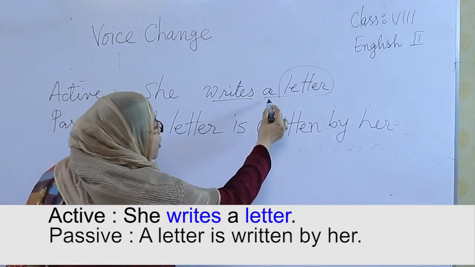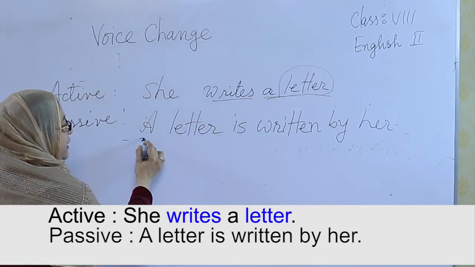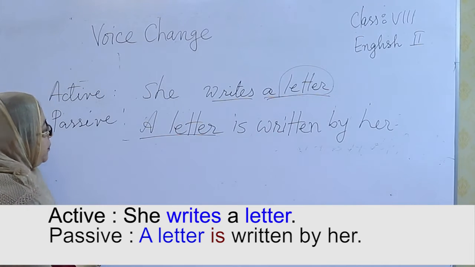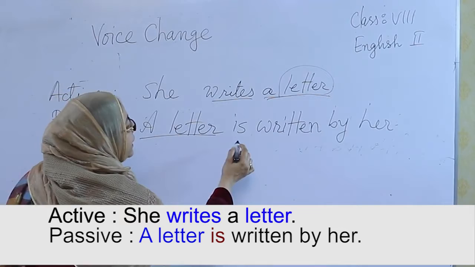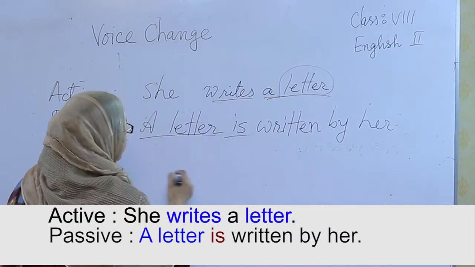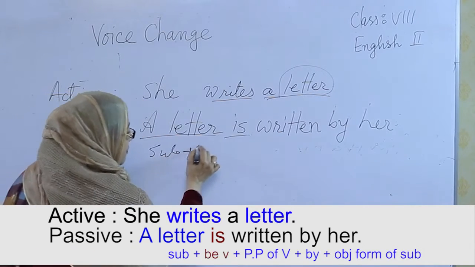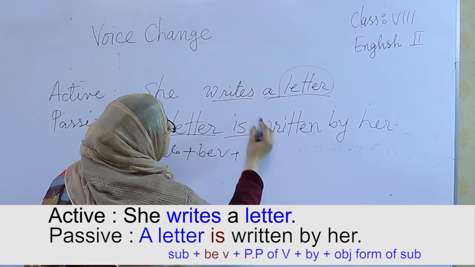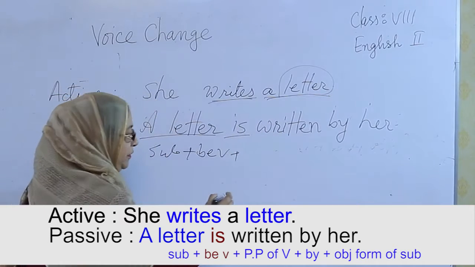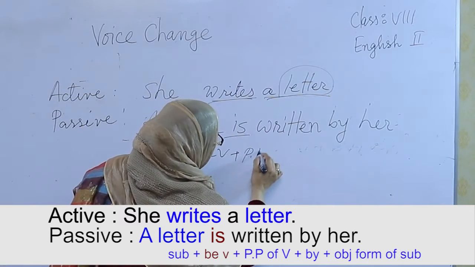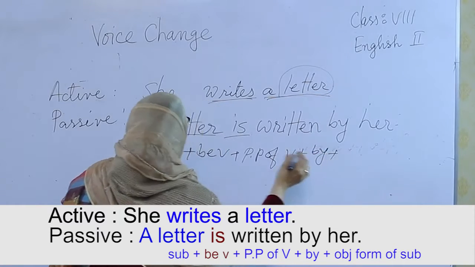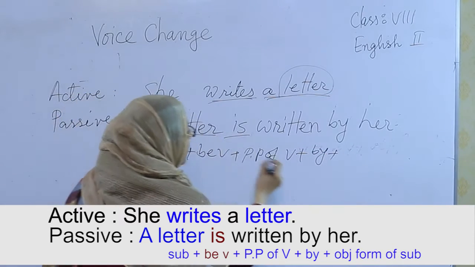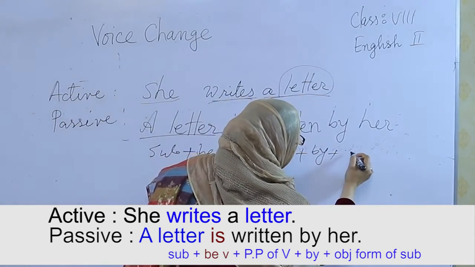The object of the first sentence, a letter, becomes the subject of this sentence, and then I write the be verb. The rule is: subject plus be verb plus past participle form of the main verb plus by, then the objective form of the subject.